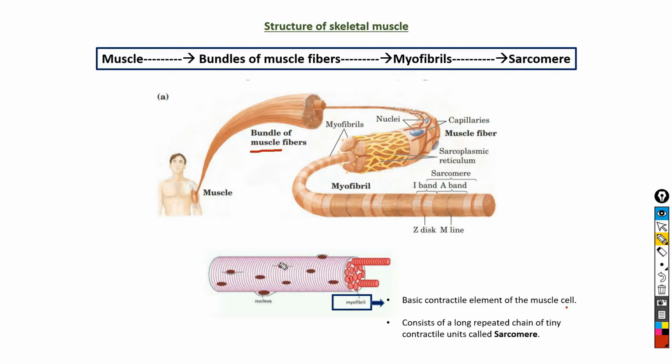Each muscle fiber is surrounded by a membranous structure known as the sarcoplasmic reticulum. Each muscle fiber contains approximately 1000 myofibrils, which are the basic contractile elements of muscle cells.